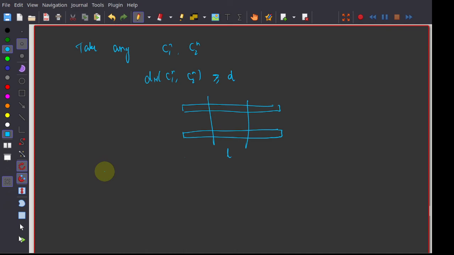So suppose I get C1 tilde, C2 tilde by erasing L locations.